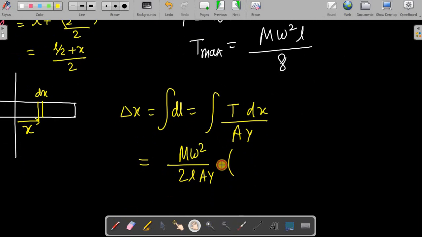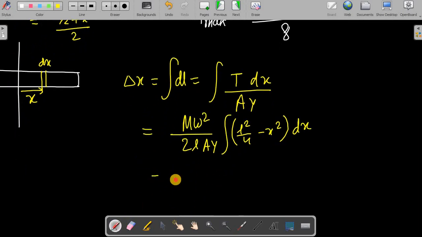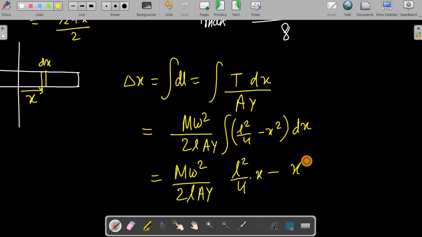L square by 4 minus x square dx, this integration. So M omega square by 2 A Y, L square by 4 into x minus x cubed by 3.